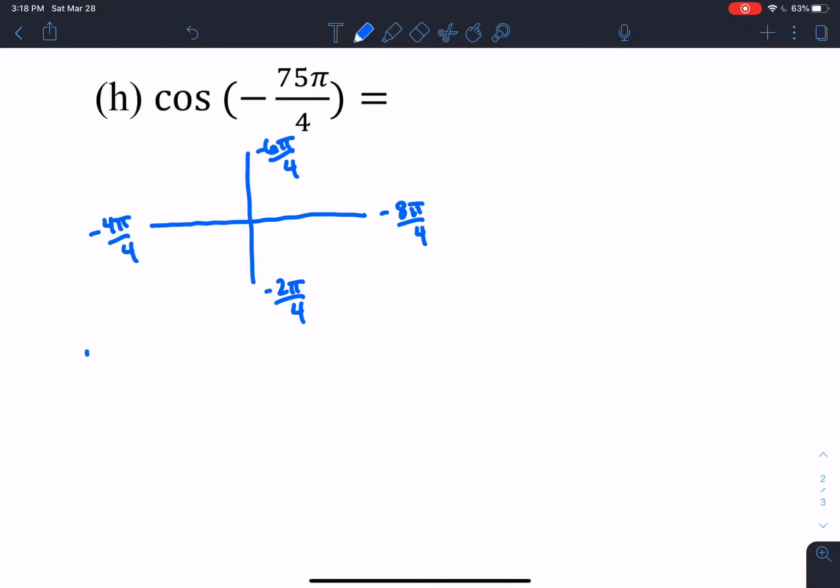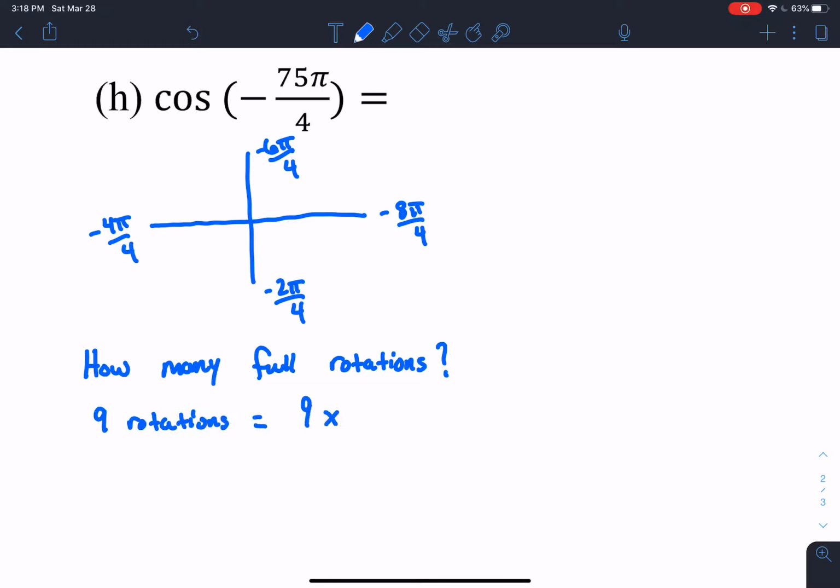So you're looking for how many full rotations. If you do 9 rotations, that's 9 times -8 pi over 4, and you're going to get -72 pi over 4.